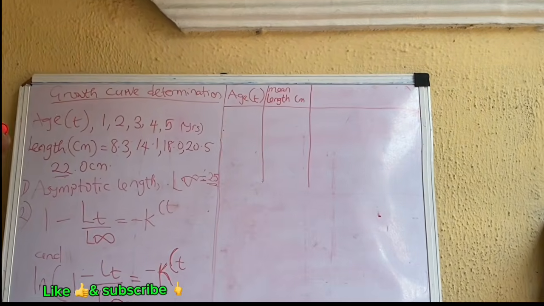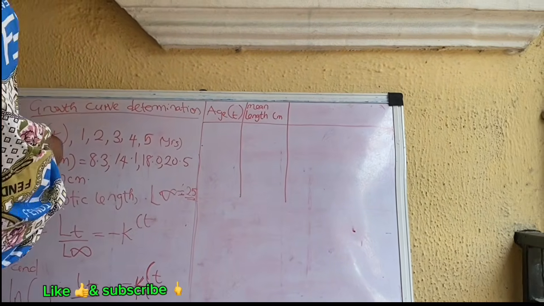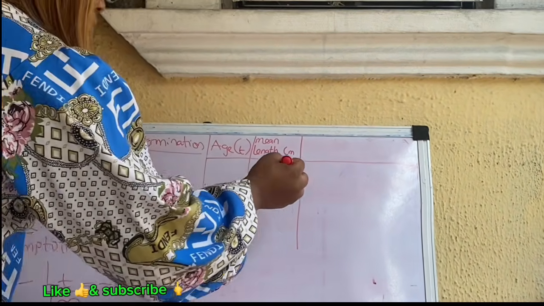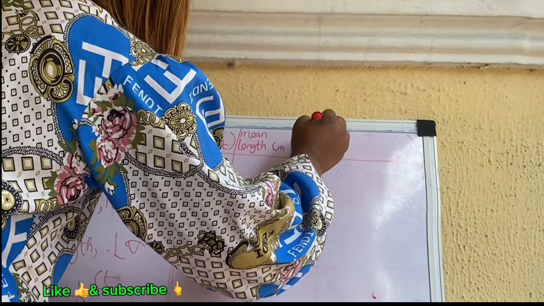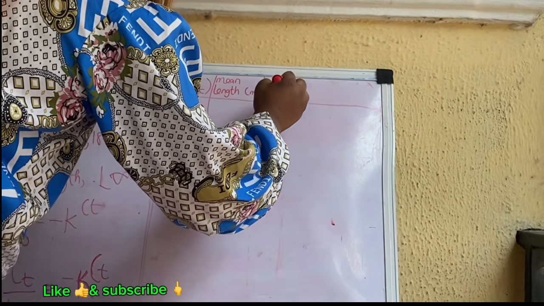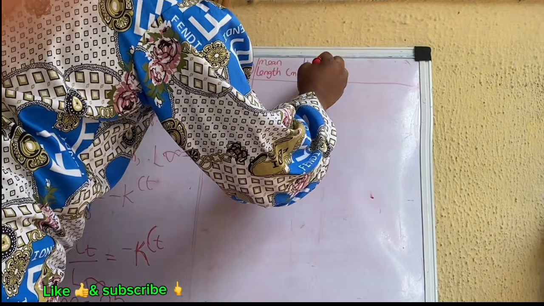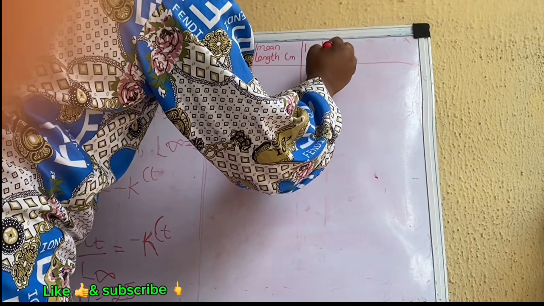Now you have the first formula for the linear Von Bertalanffy's theory.